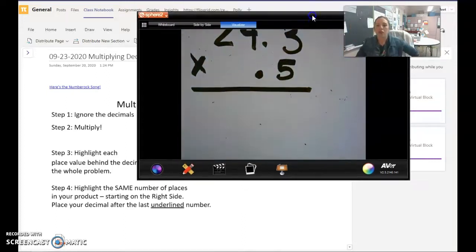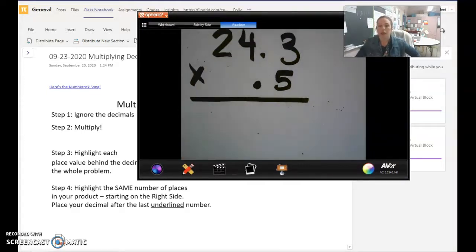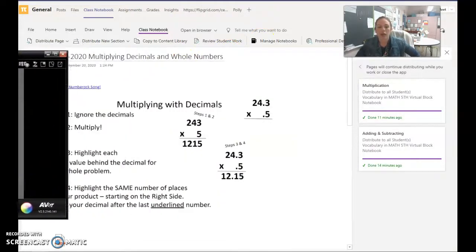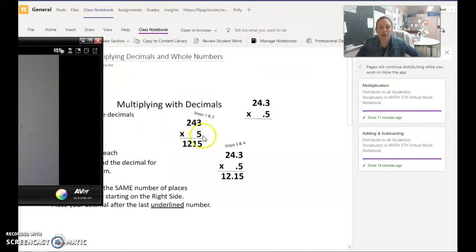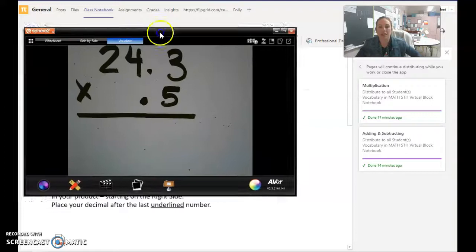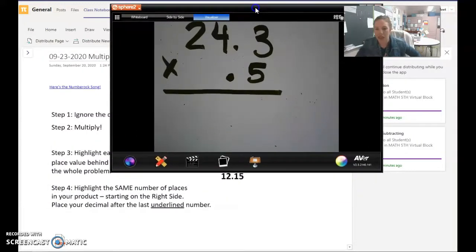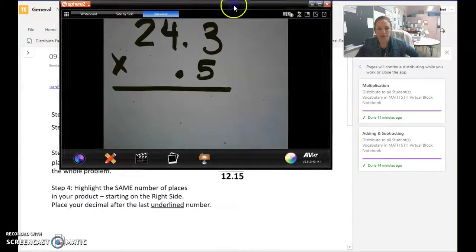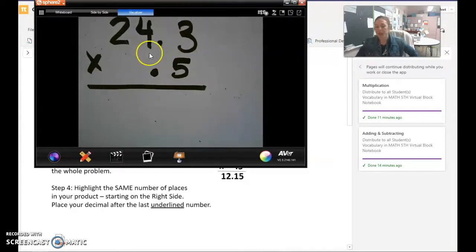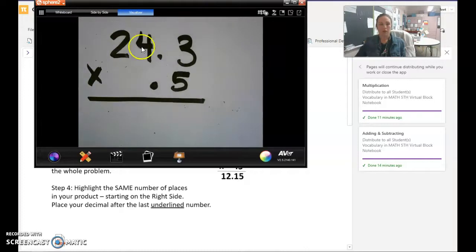Okay, so if you look in my notes, I have a step where it's basically like the decimals aren't there. We aren't going to take them out, but we are going to pretend they aren't there. So let's multiply like normal, because that's step 2, multiply like normal.